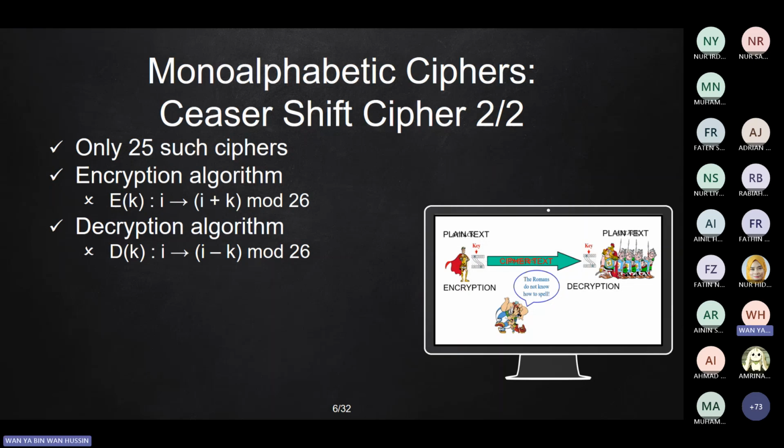So it's simple, quite straightforward, but during that time, this was secure. Why? Because there was no standard alphabet format.